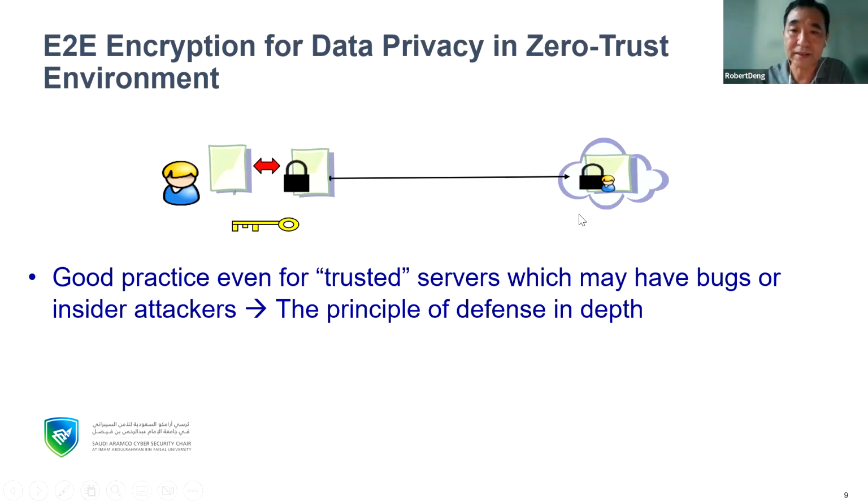So your plain text data is under protection. Well, this encryption is a good practice. It's good practice even if the server is trusted, because as we mentioned, the server may make mistakes. So this encryption essentially follows the principle of defense in depth.